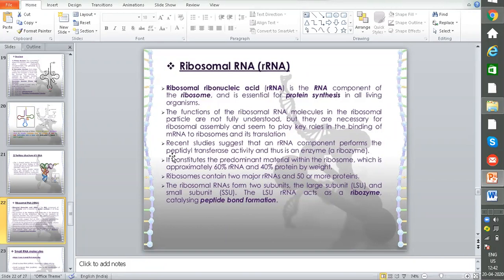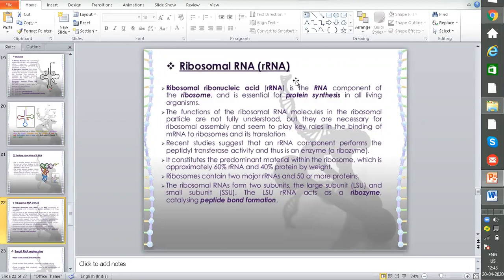Recent studies suggest that rRNA, the ribosomal RNA component, performs the peptidyl transferase activity, and thus it is an enzyme. So ribosomal RNA is useful for protein synthesis as well as for the formation of ribozymes.